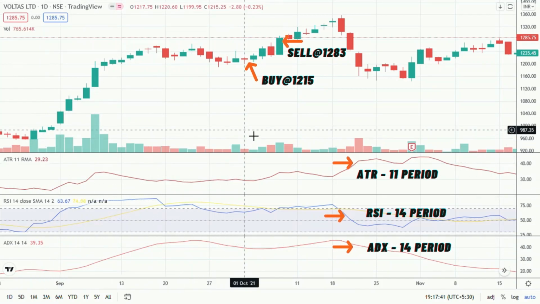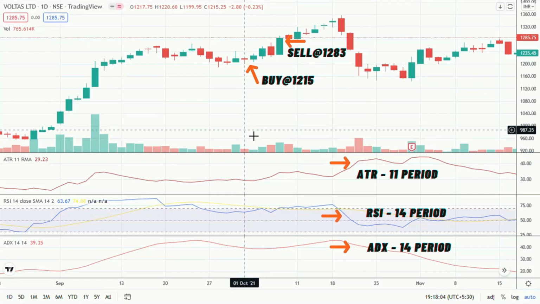Now let's go to the 1st of October and look for condition 1. As per condition 1, we need to compare ATRs. So on 1st of October, ATR was at 29.23 at market closing. So 5 minutes prior to market closing, it should have been around 29.2. That's the assumption here.